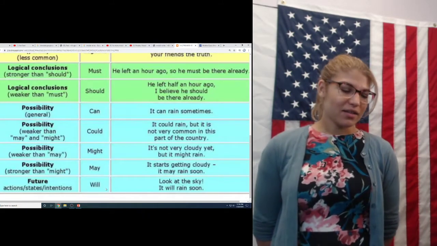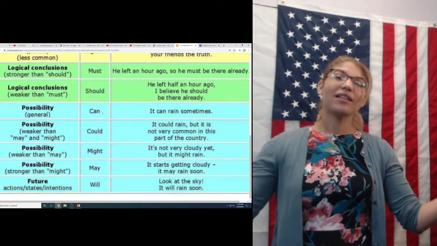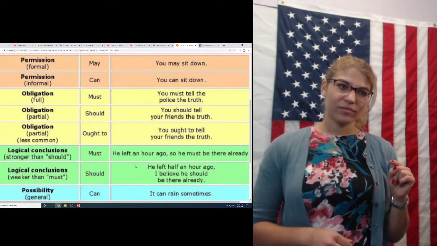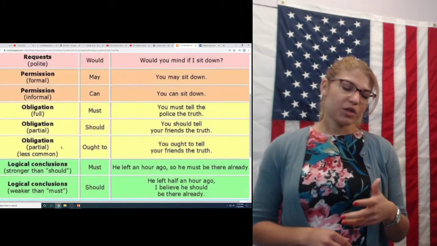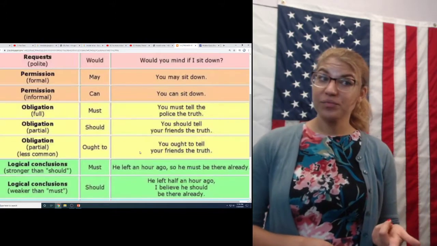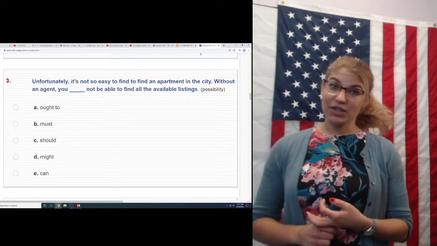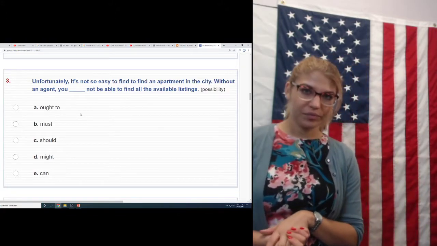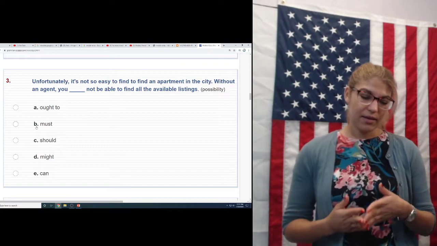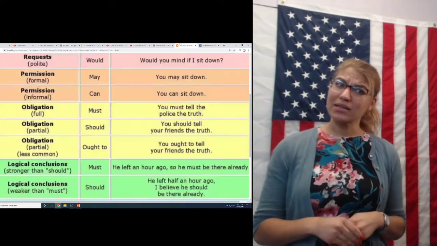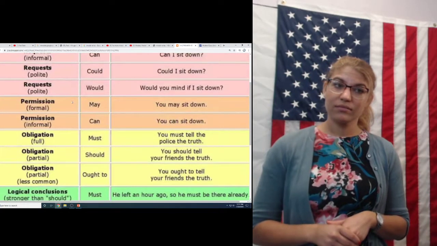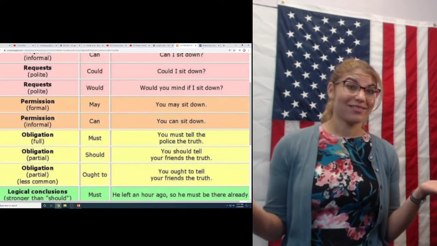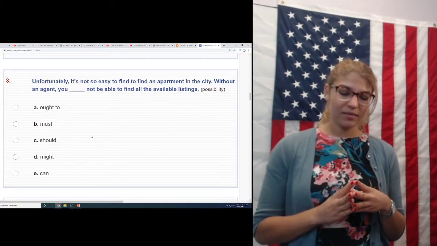Letter A is ought to. Where is ought to in this list? Right, we're talking about an obligation. Ought to is an obligation, nothing more. So we will not use the word ought to. So let's see, must. Where is must on our list? Also an obligation, so it cannot be must.